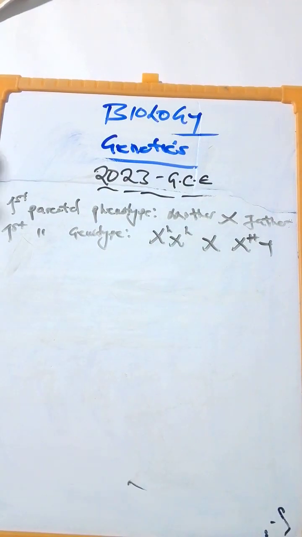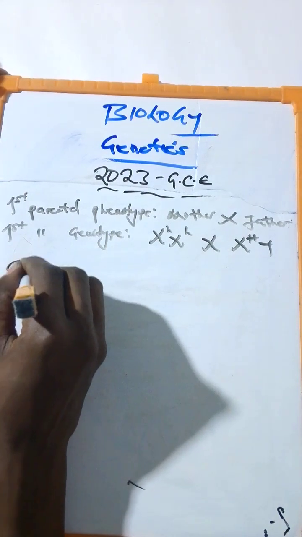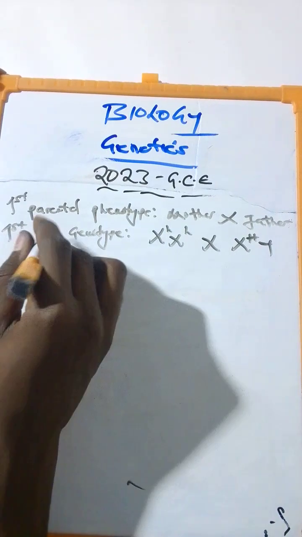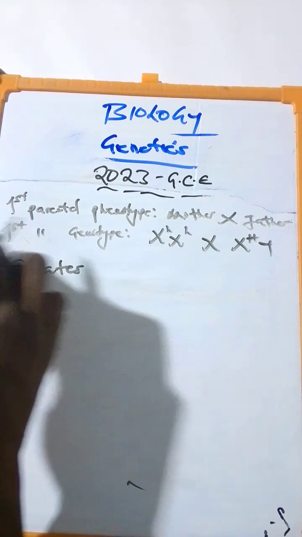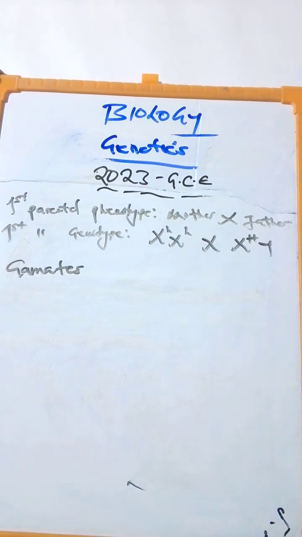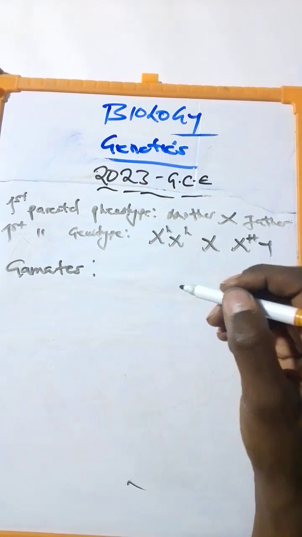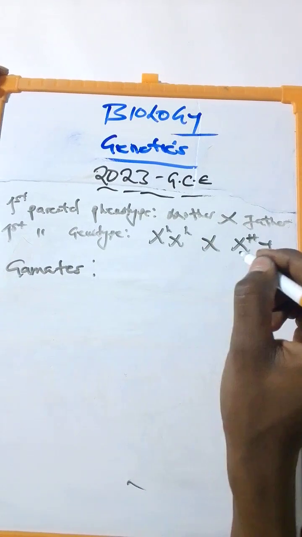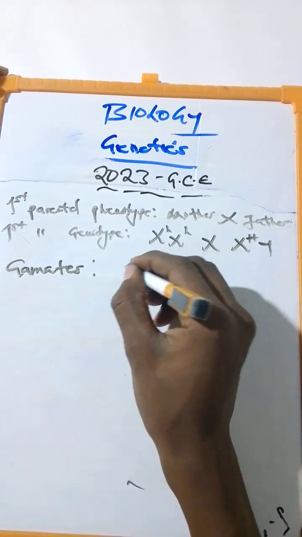Then from here, we'll put the gametes, the sex cells. If you want, between the first parental genotype, you can put random fertilization, where you don't know what will happen after the fertilization has taken place. Then from here, we're going to split these genotypes to form the gametes.